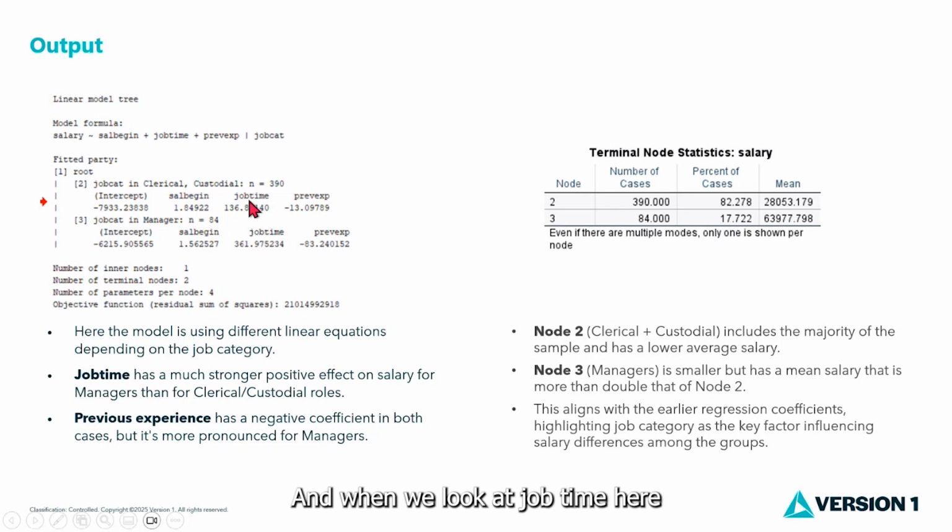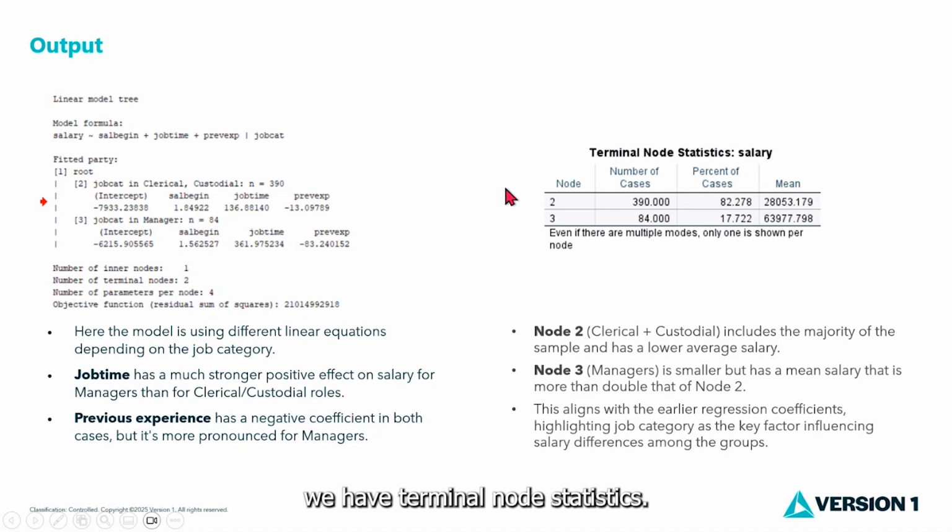And when we look at job time for clerical and custodial versus managers, and previous experience for clerical and custodial versus managers, we notice, first of all, that job time has a much stronger positive effect on salary for managers than it does for clerical and custodial roles. We see that previous experience has a negative coefficient in both cases, but it's more pronounced for managers, and you can see that here.